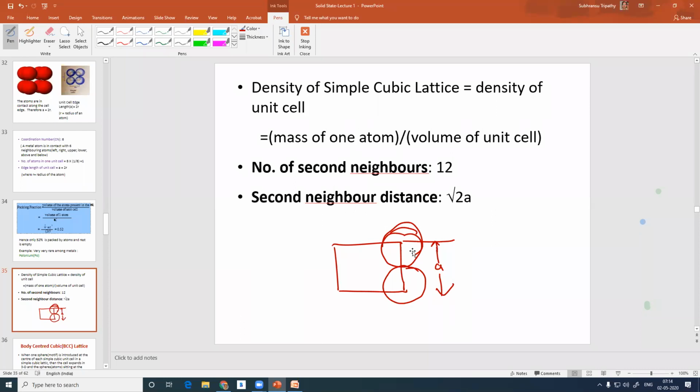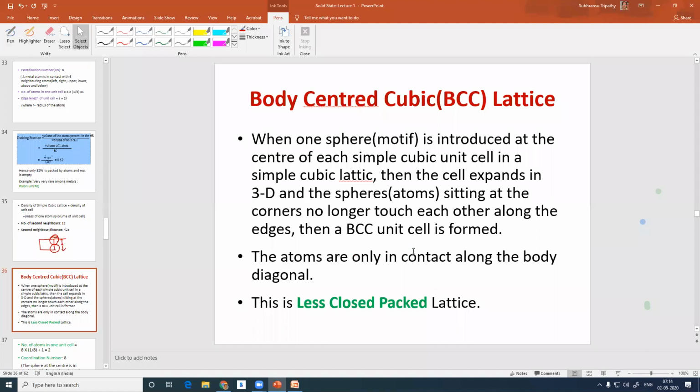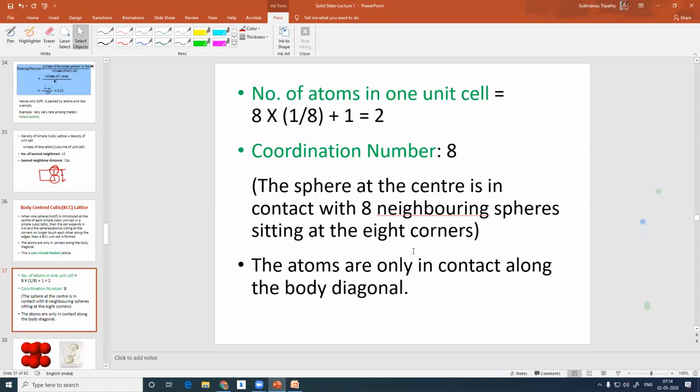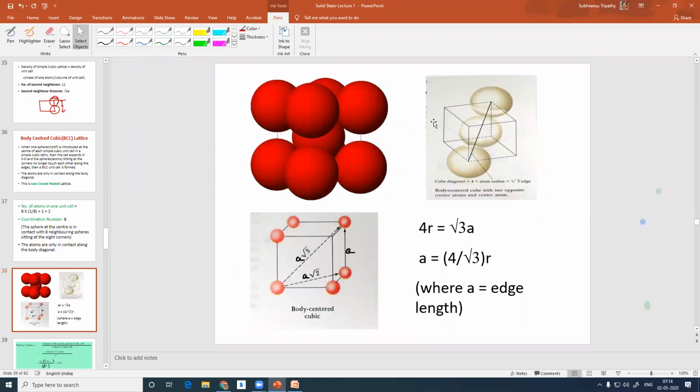Now let us look at a body-centered cubic. See, already we have done the coordination number is 8. The atoms or the spheres are in contact along the body diagonal. Now see this picture we have already done. When one sphere intrudes into the middle of a simple cubic lattice, it does not remain simple cubic. It is no longer called simple cubic.